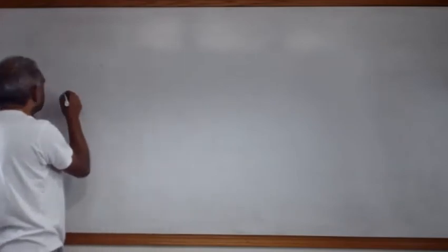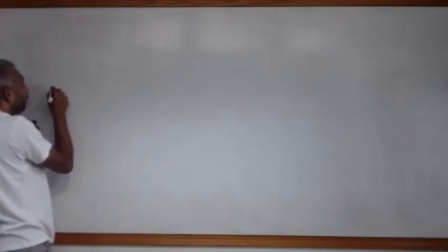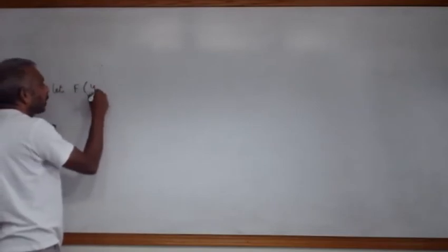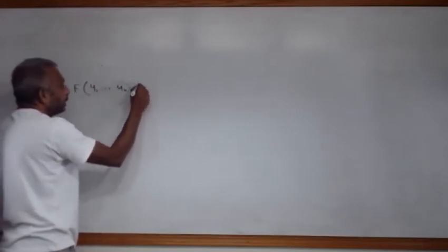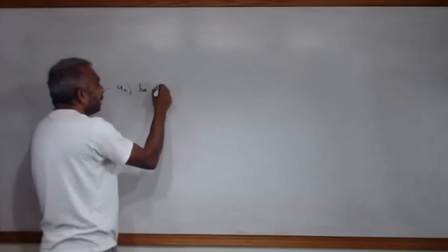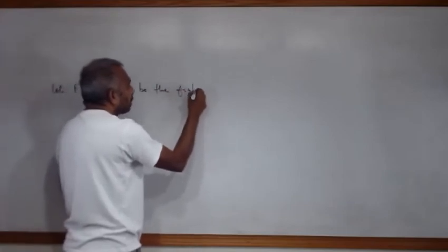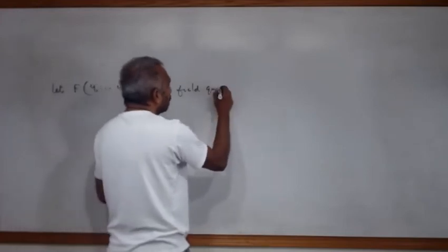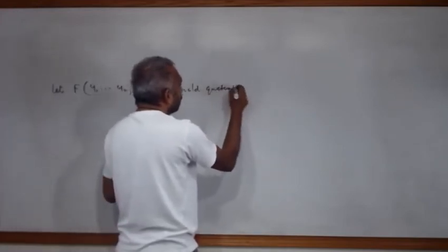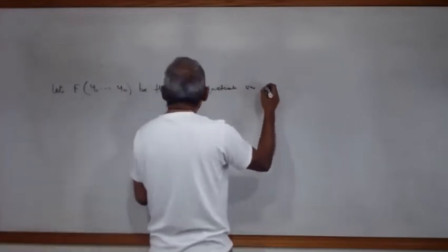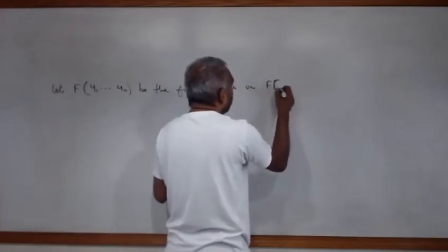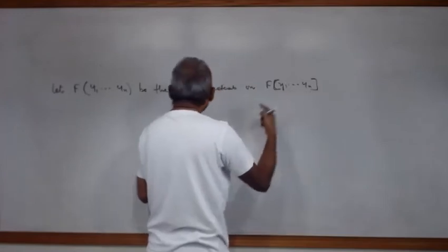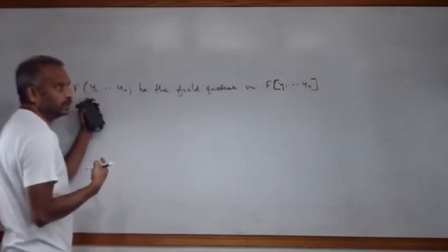So let us consider a field. Let F(y1, ..., yn) be the field of quotients on F[y1, ..., yn]. This is a ring and this is the field of quotients.